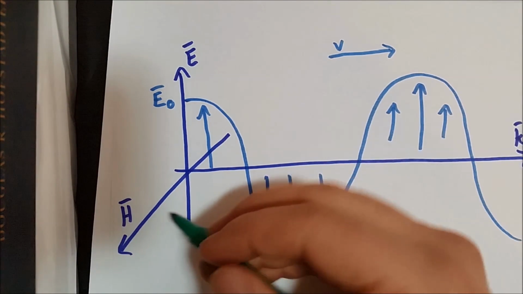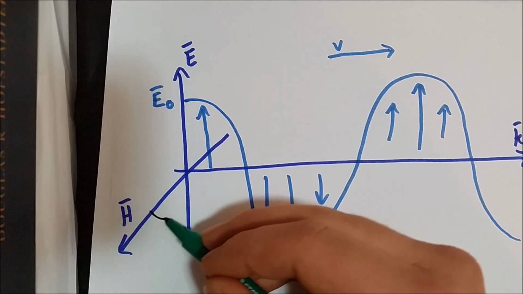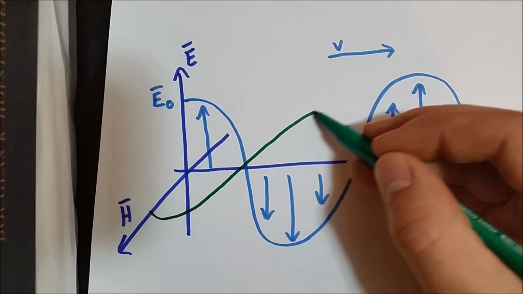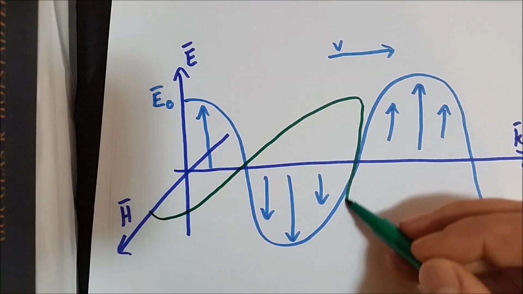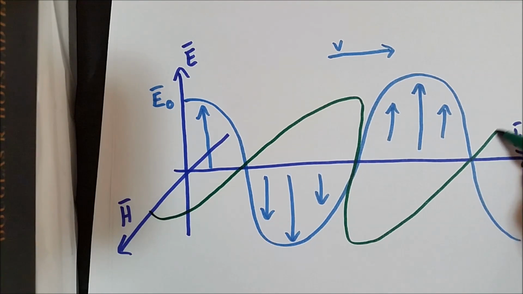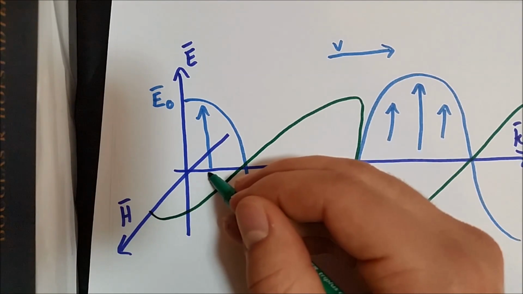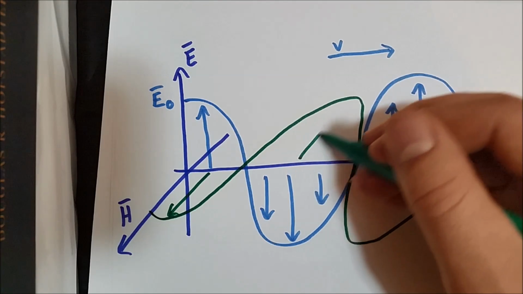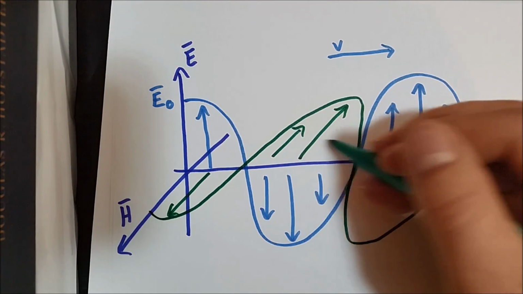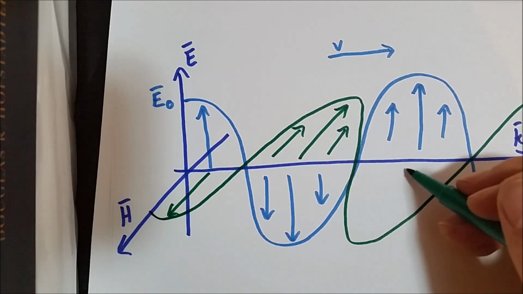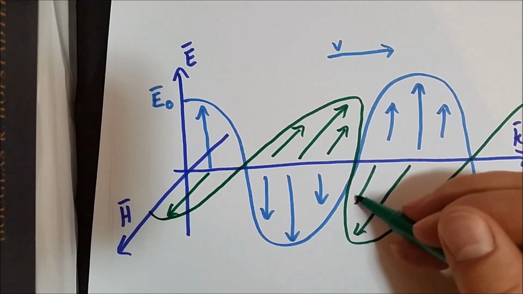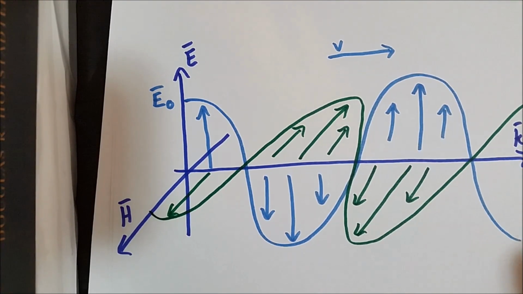We then also know that the magnetic field, through the right-hand rule, also propagates in this direction, but is orthogonal to the electric field.